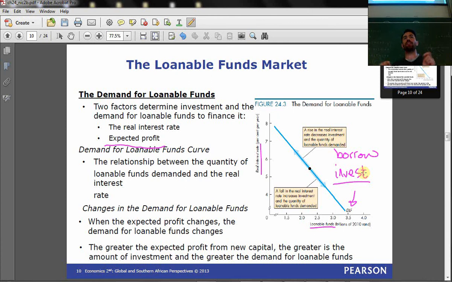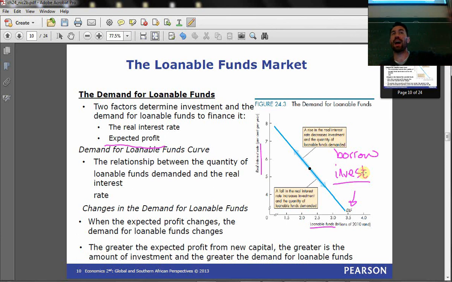So what's going to induce me to borrow more? Lowering the interest rate. The lower the interest rate, the more I can say, okay, now I can actually go and do more projects which are going to earn lower returns. Because I need to borrow money in order to invest.